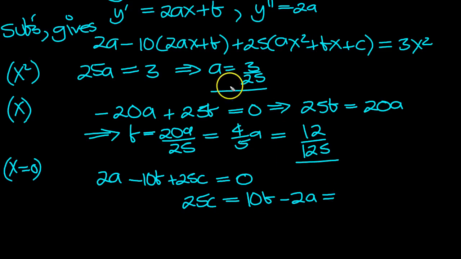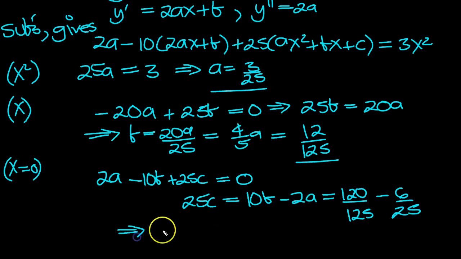10b is 10 of these, which is 120 over 125. And then 2a will be, 2 3s are 6, so it's minus 6 over 25.